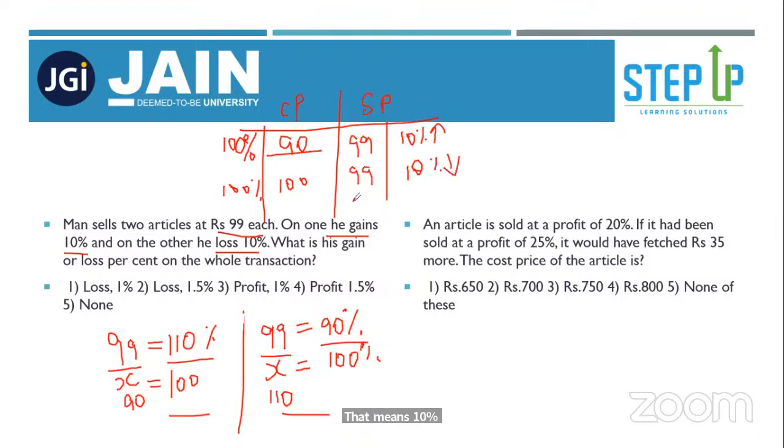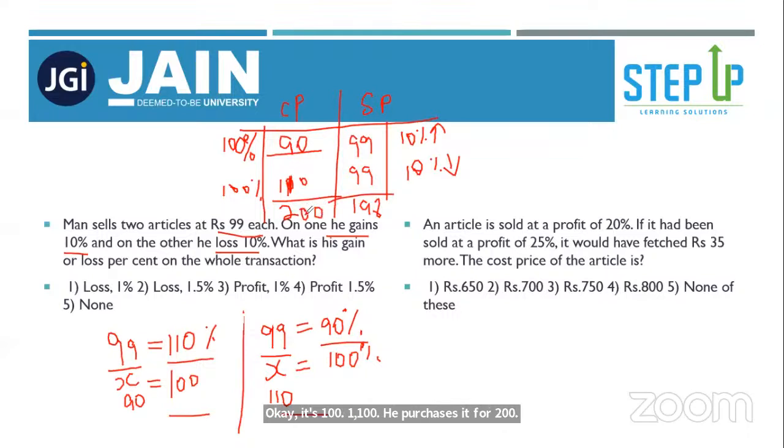The total he spent was by selling. When he sold it, it was 198. But when he purchased it, it's 110. 100, he purchased it for 200, but he sold it for 198.